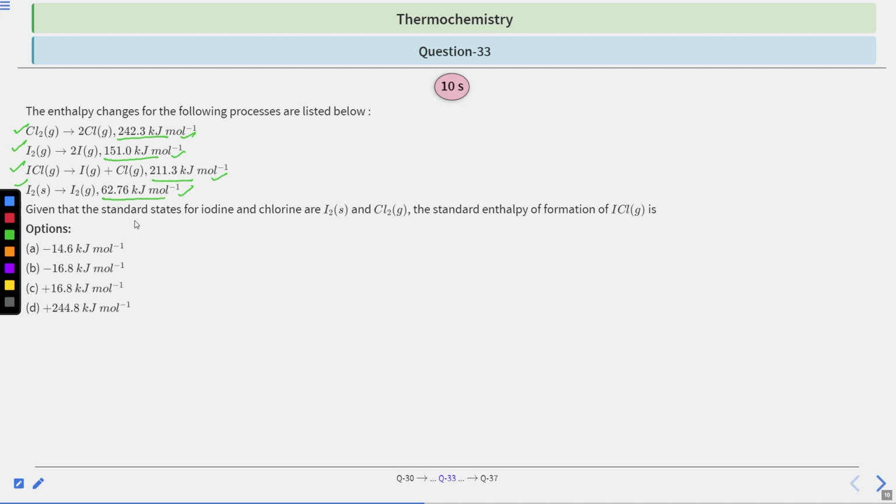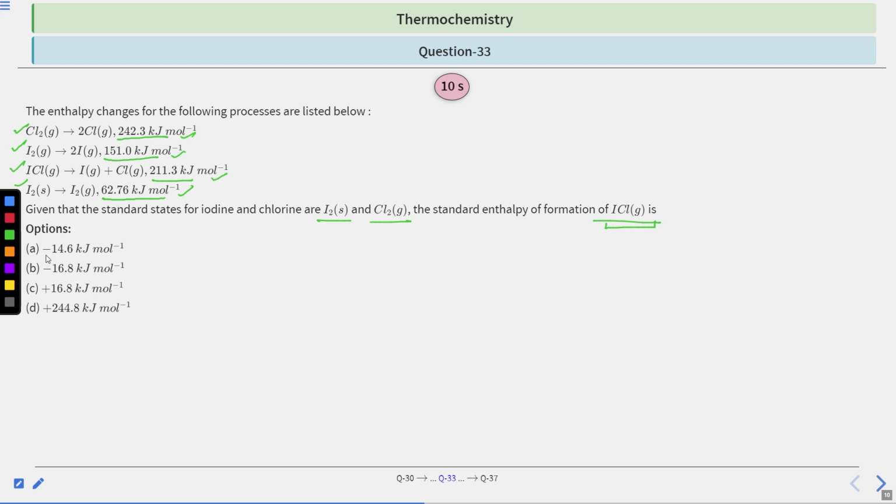Now, given that the standard states for iodine and chlorine are I2 and Cl2, the standard enthalpy of formation of ICl is? So we have the standard state for iodine, which is solid, and Cl2 in gaseous form. And we have to find out the standard enthalpy of formation for the ICl molecule, which is gaseous.